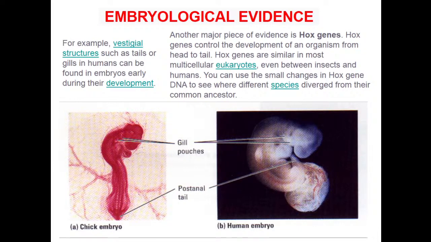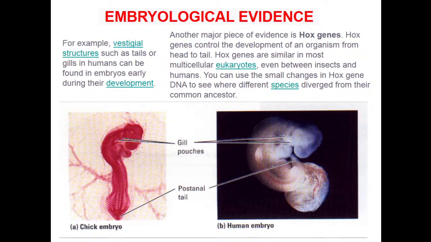Embryological evidence. For example, in this picture you can see a human embryo on the right side and a chick embryo on the left side, with such features as tails, postnatal tails, nodes, and gill patches.